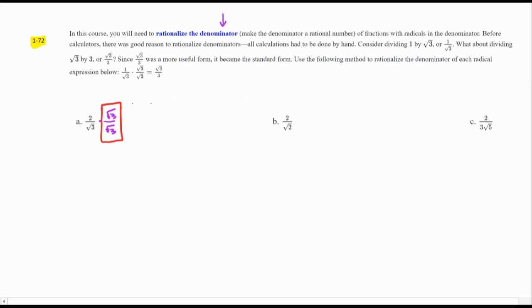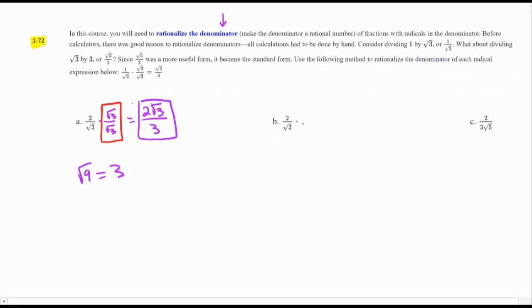I'm multiplying this by 1, meaning I'm not changing the value, I'm just changing the way that it looks. So the top here ends up being 2 root 3, and the bottom, root 3 times root 3, is root 9, but that really should just simplify to a whole number. And again, that's the whole goal, is that we're trying to get rid of the square root in the denominator.